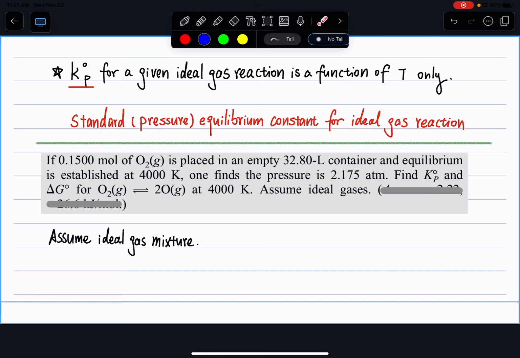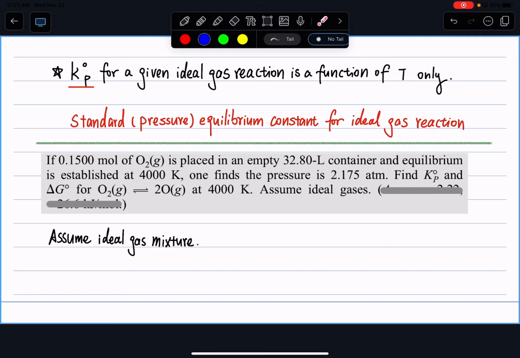Given the reaction is O2 in equilibrium with 2 oxygen atoms, your number of moles of O2 initial equals 0.1500 mole.